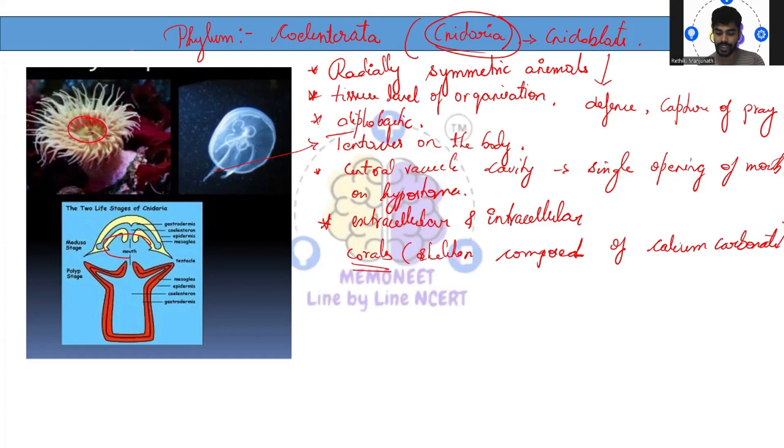And another very basic important thing is these Coelenterata exhibit two basic body forms. And what are those?